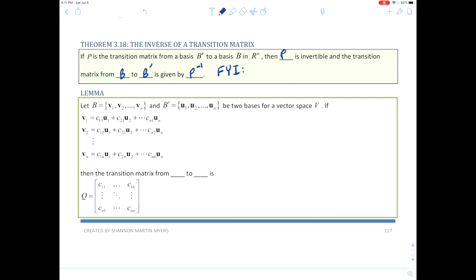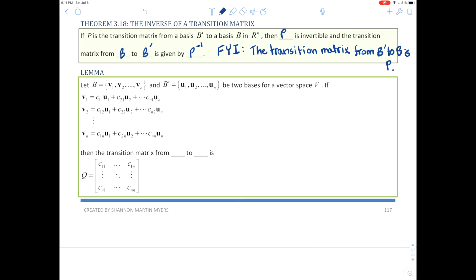It turns out that the transition matrix from B prime to B is P. And that'll be useful in some of the coming problems.